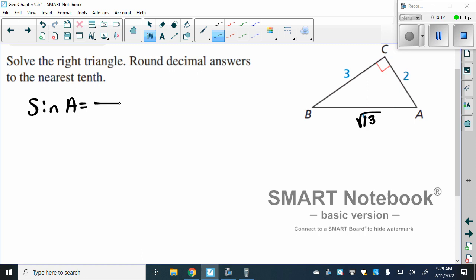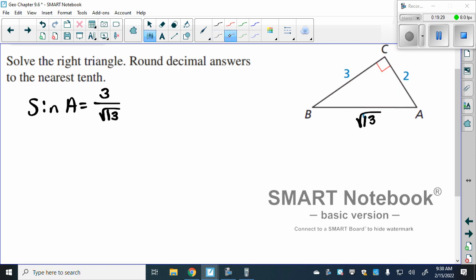So sine of A is opposite, which would be over the hypotenuse, which is the square root of 13. So could I use sine to find this? Well, that's one of the setups we kind of had already.